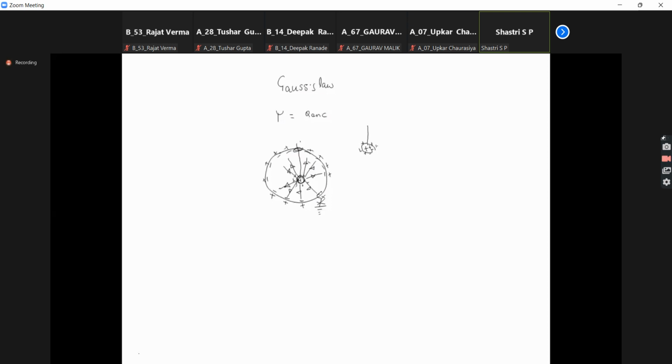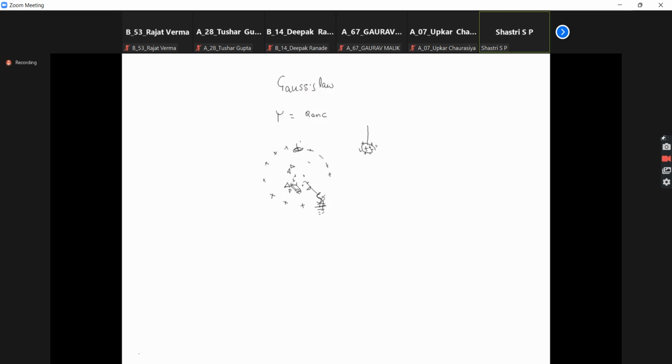Now, suppose this inner charge is grounded with the help of this arrangement. The moment it is grounded, there won't be any negative particle inside this sphere. So I will remove this negative particle. And after that, this charge is taken out.